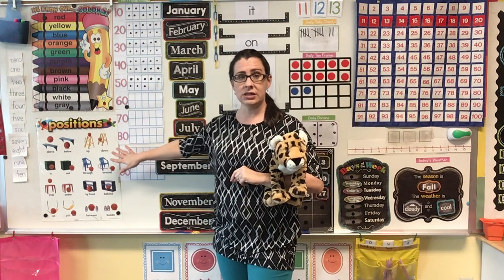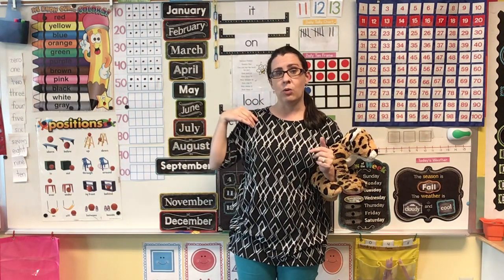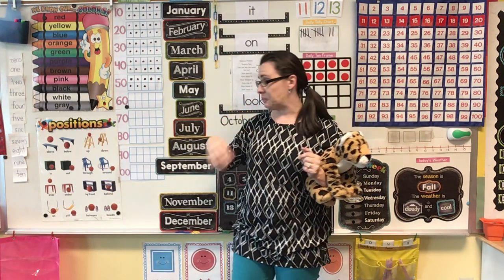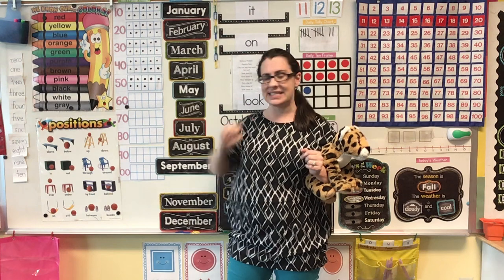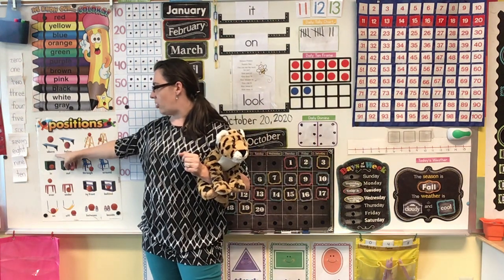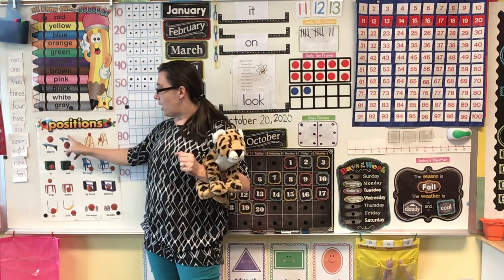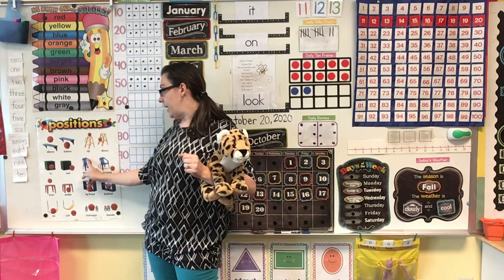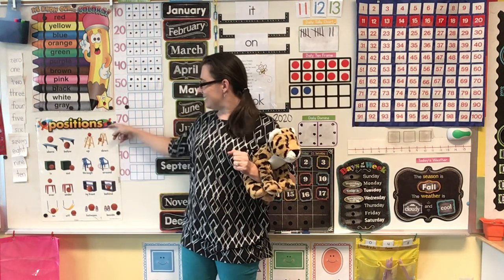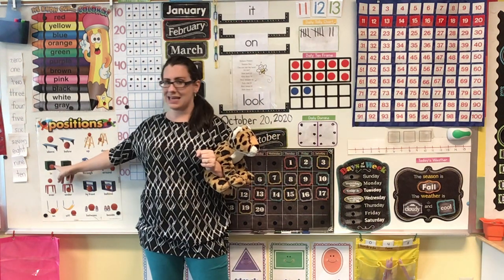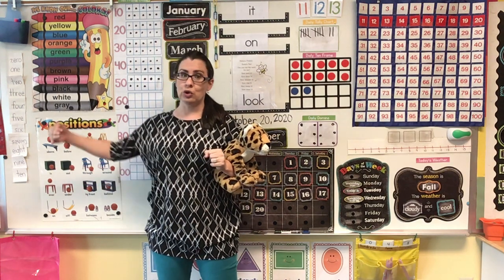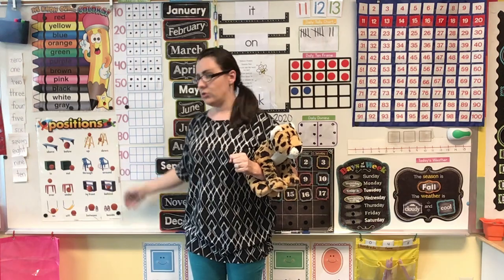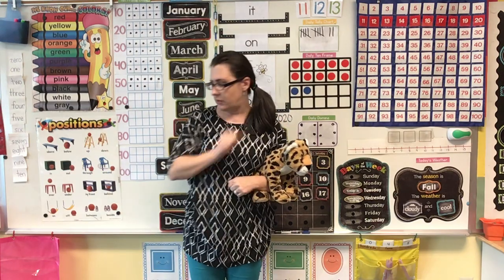Let's look at our chart. We talked about these yesterday and we're gonna read through it again today. Remember, we're talking about the basketball. The chart is showing us where the basketball is, what position it's in. So right here, the basketball is above, below, it goes up, down, in, out, it goes through the chair, or it goes around the chair.